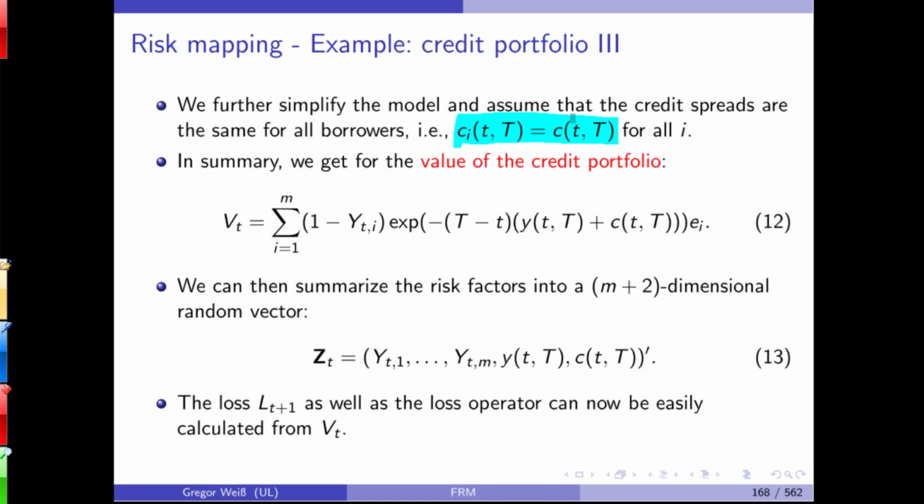Is this a sensible assumption? Well, banks will usually try to form homogeneous portfolios, especially in retail banking, because they want to use models that are as simple as possible. And if you assume that the credit spread is equal and borrowers all equal, then the model will become simpler.